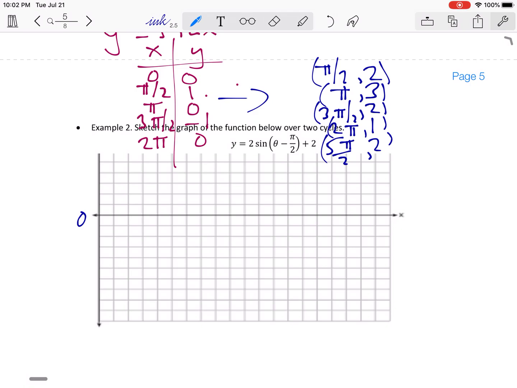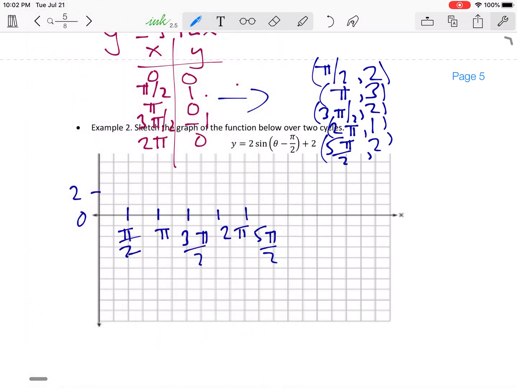So here's, we'll make this 2 right there. And so we can, let's call this pi over 2. Pi, and then 3 pi over 2, 2 pi, and then 5 pi over 2.